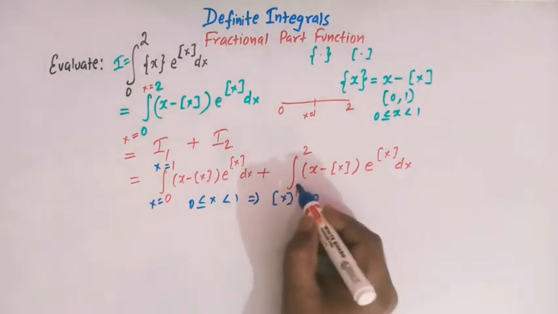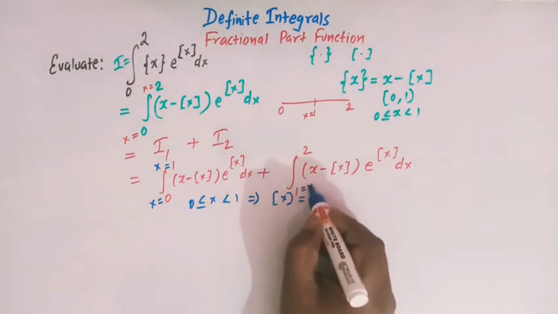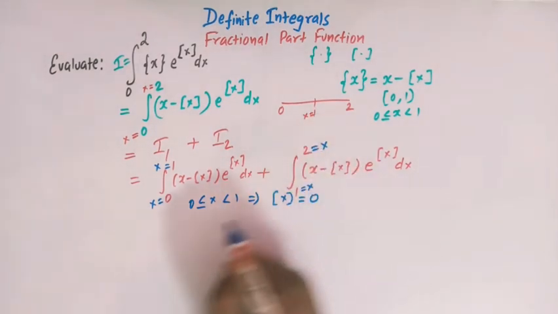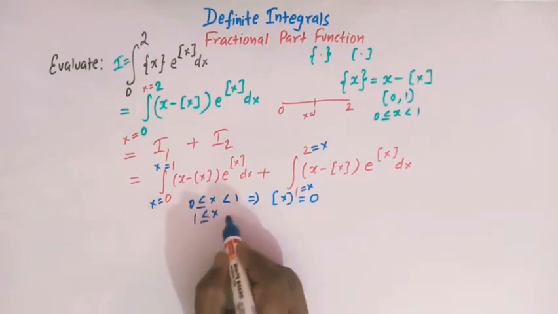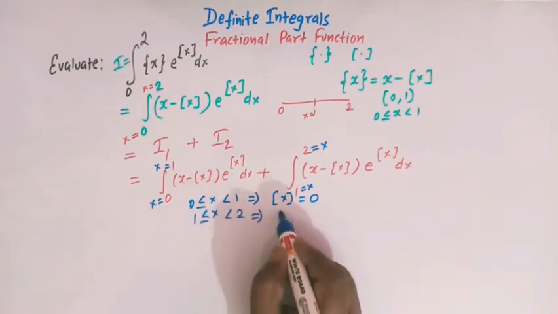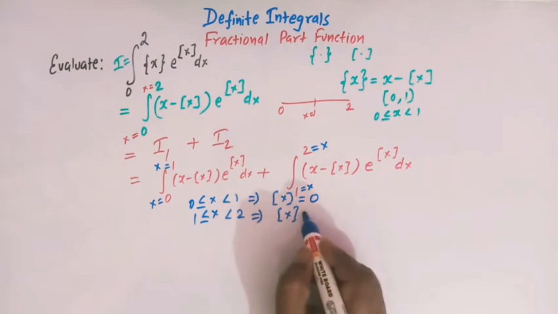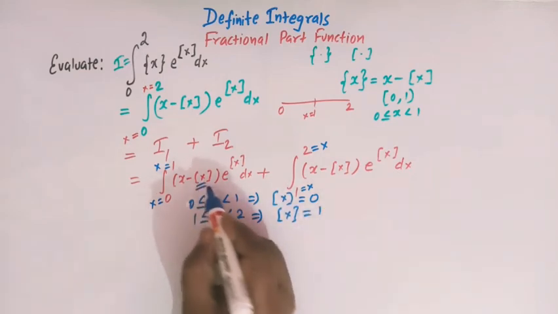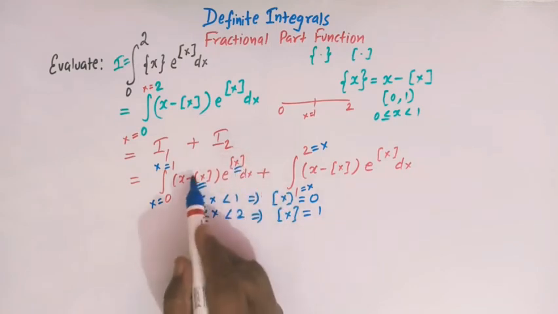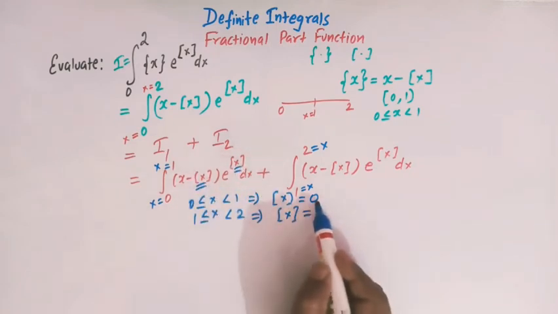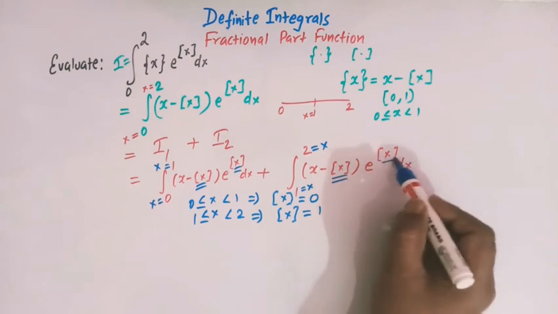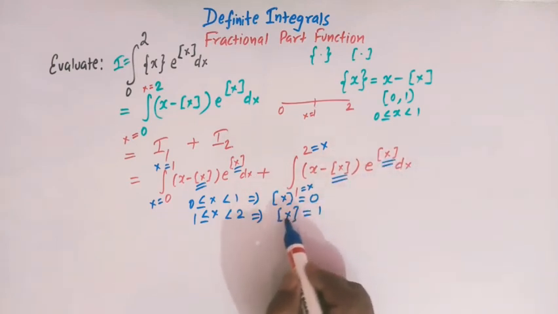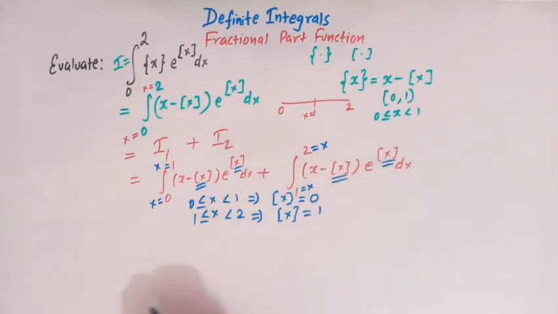When x lies between 1 and 2, the value of greatest integer of x is equal to 1.